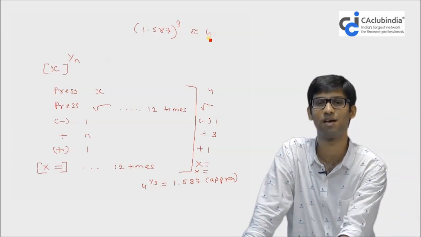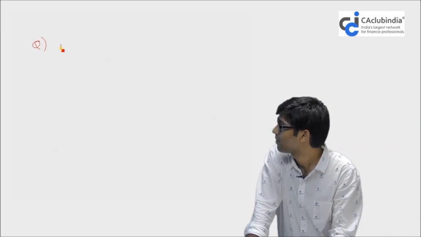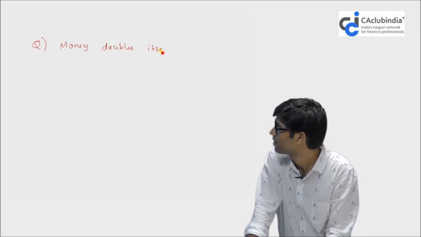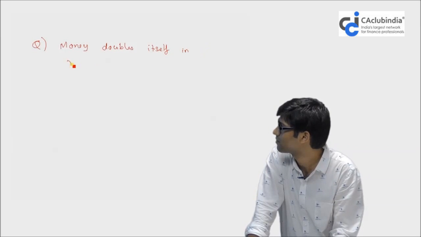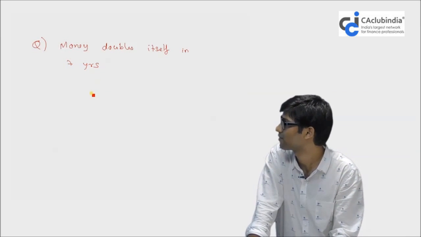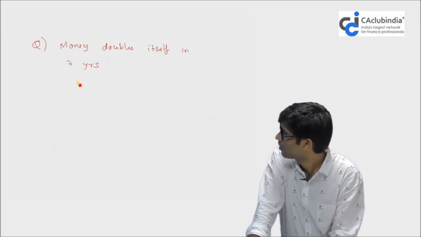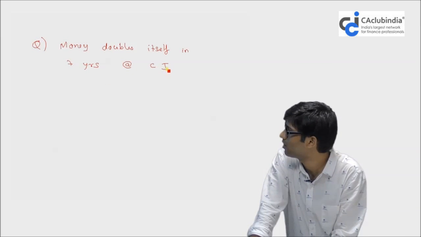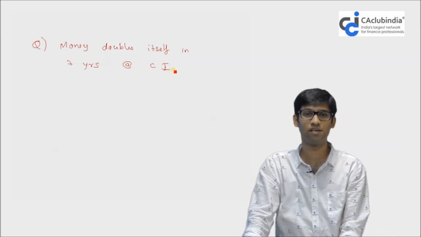Let us take up an examination question. The question is like this: money doubles itself in 7 years at compound interest. So some compound interest is there and the money doubles itself in 7 years.